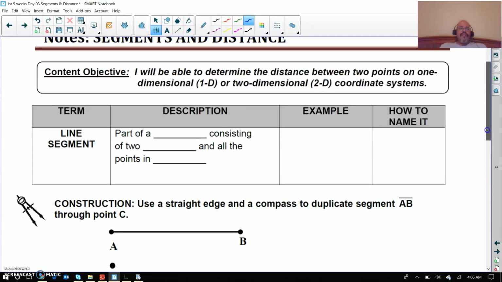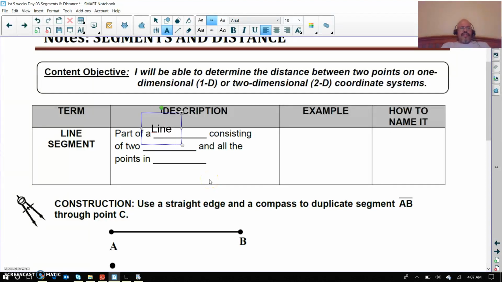Okay, so the term: line segment. Part of a line, consisting of two endpoints and all the points in between.